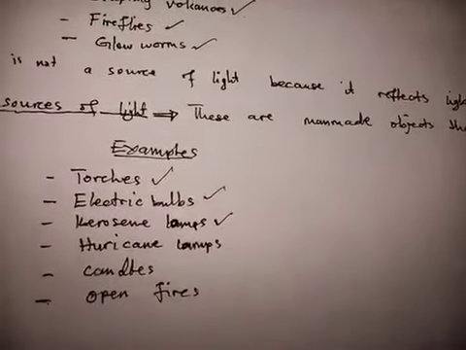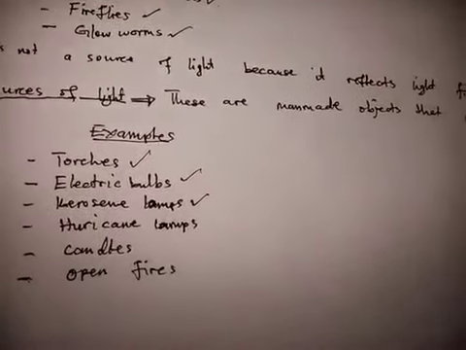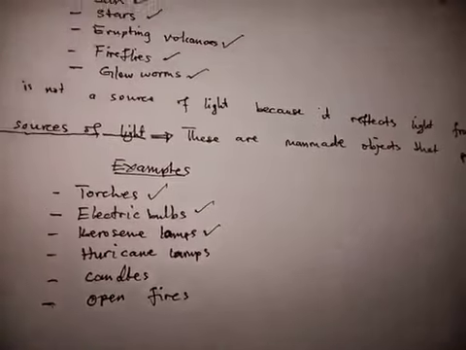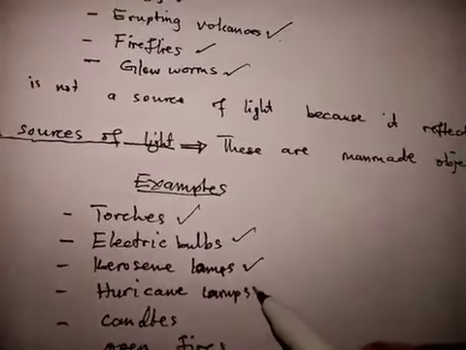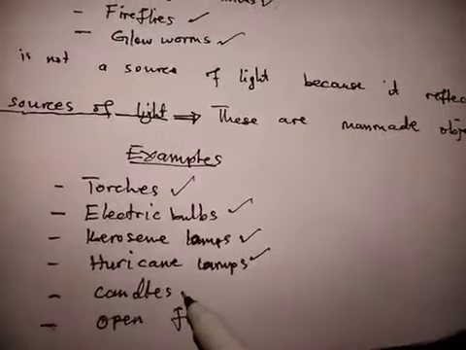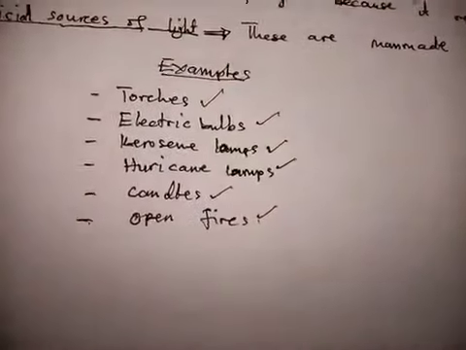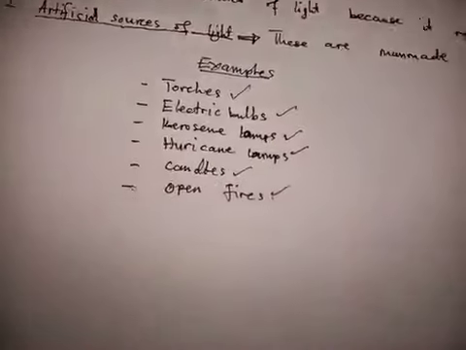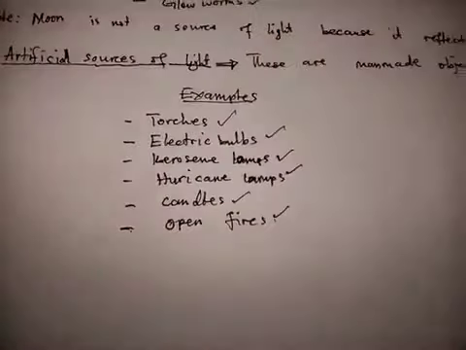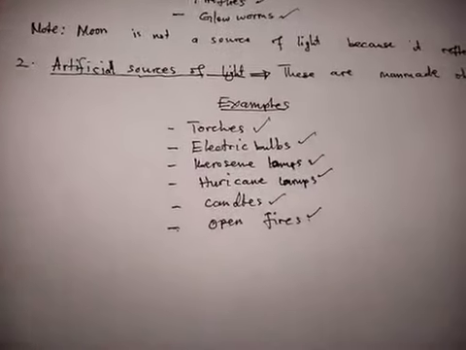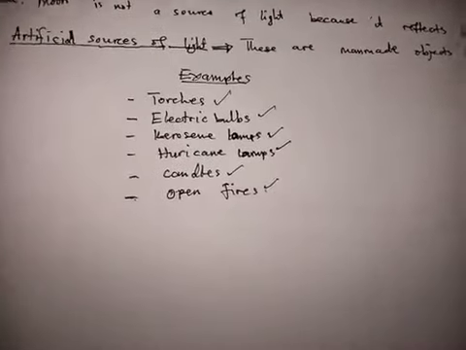It has two handles sideways, then another handle on top. So that is what you call a hurricane lamp. Then candles, these ones you know better, open fires. This is like the fire that you make when you are going to cook. So those are the examples of artificial sources of light.